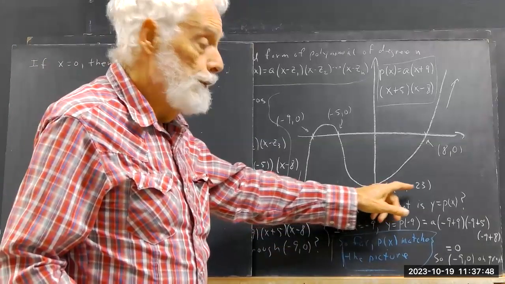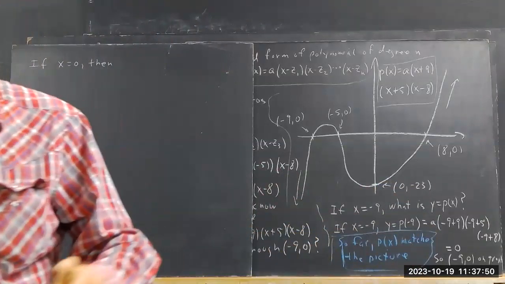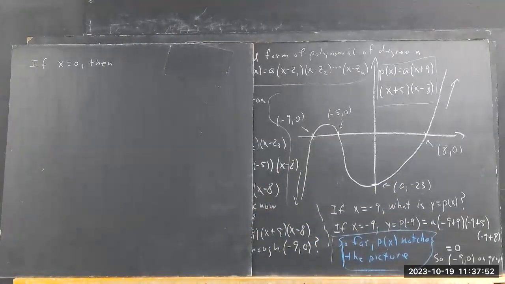We have the point 0, negative 23. What's that suggest that you might do? Some of you have already done it, but let's make sure everybody's up to speed here. See how we do.